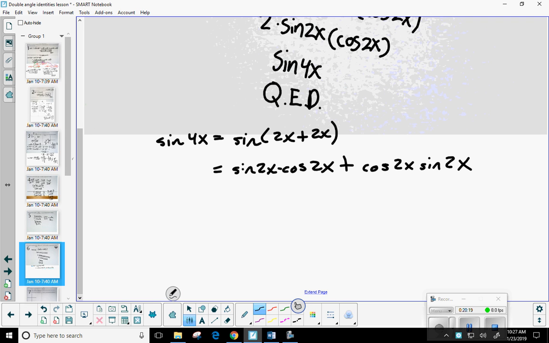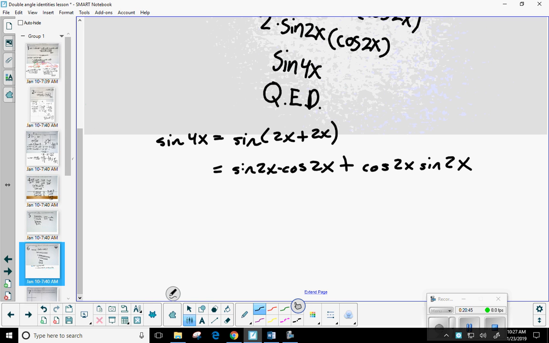But do you notice anything about those products? Are they the same or different? They're the same, right? Now, does it matter that cosine and sine are reversed here?